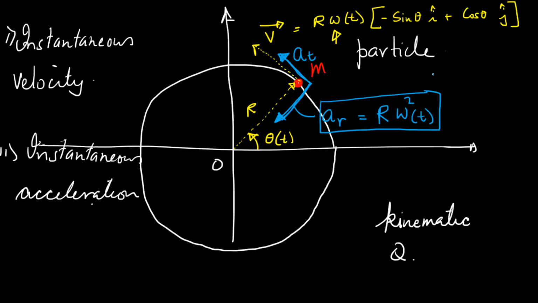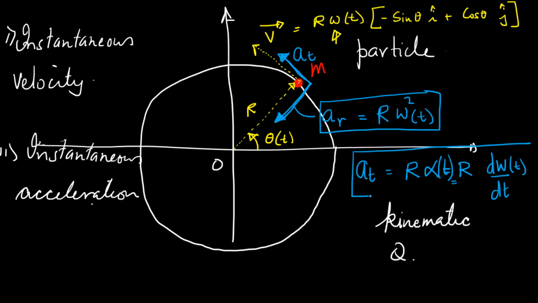But what is AT? Well, I'll tell you the answer. It's going to be R alpha, which is going to be, R is a constant, mind you, R d omega by dt at that instant. Okay, so alpha at that instant. Right, so this is the relationship that we should prove once, because it's so crucial as we go ahead.